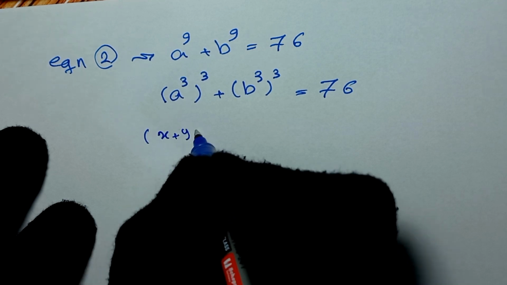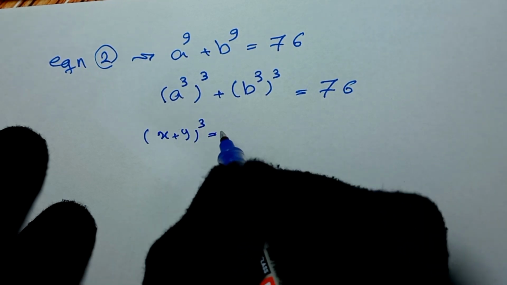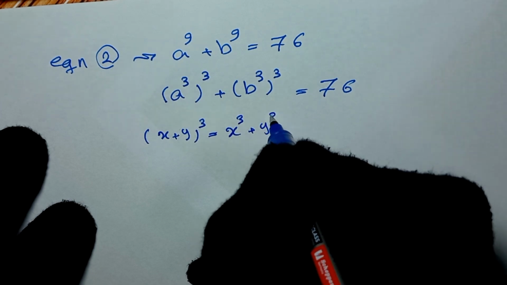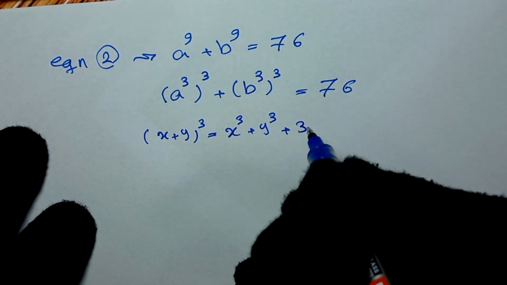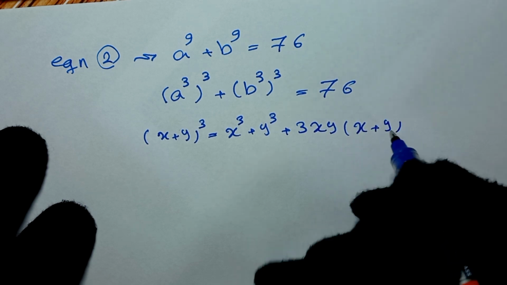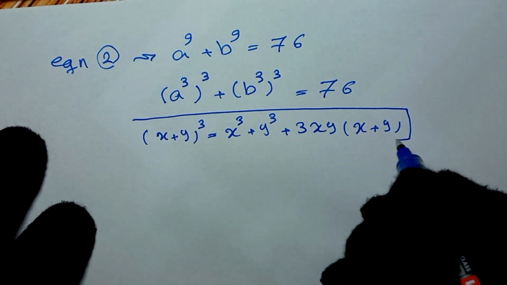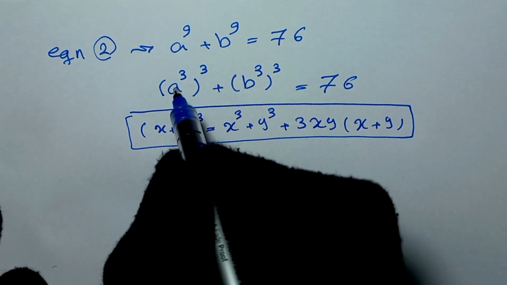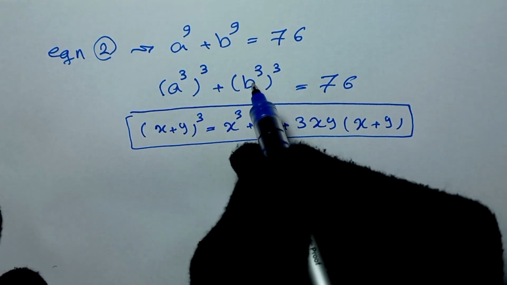x plus y to the power of 3 is equal to x cube plus y cube plus 3xy times x plus y, right? So in here, we have a cube to the power of 3 plus b cube to the power of 3, right?